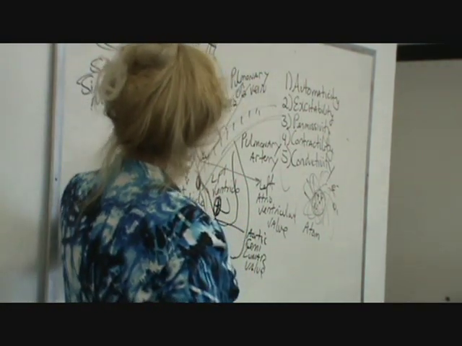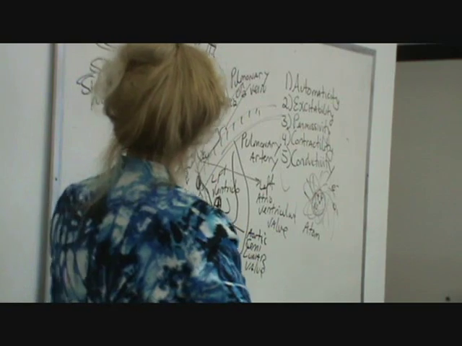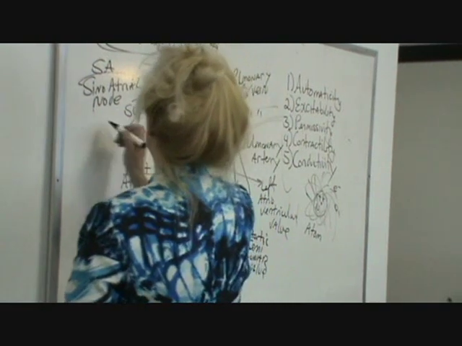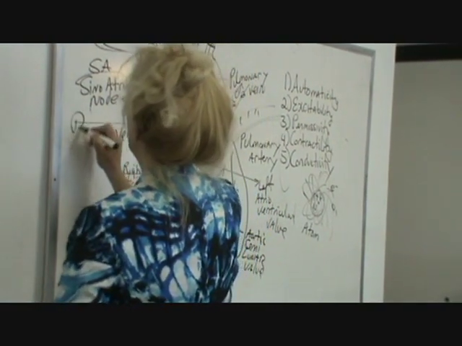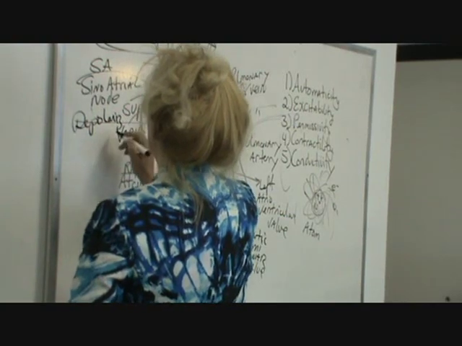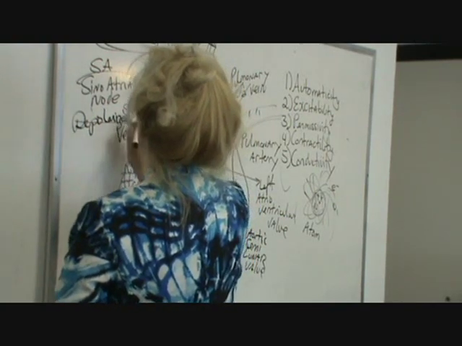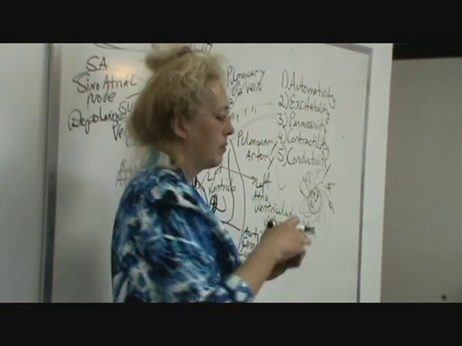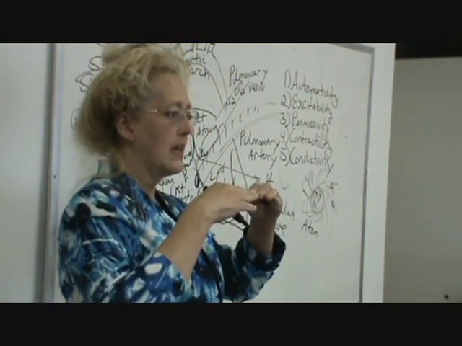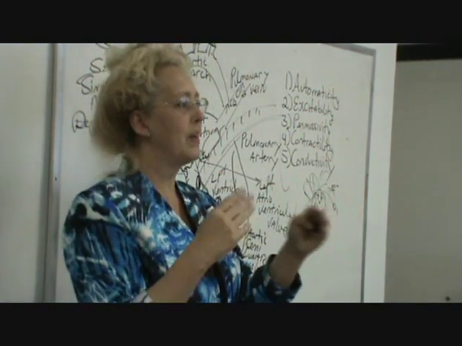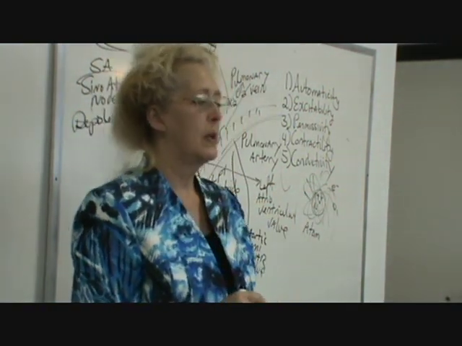So the sinoatrial node is really important. What it does when it depolarizes: before it depolarizes, it's usually at a resting potential, like muscle tissue, at about -60 electron volts.